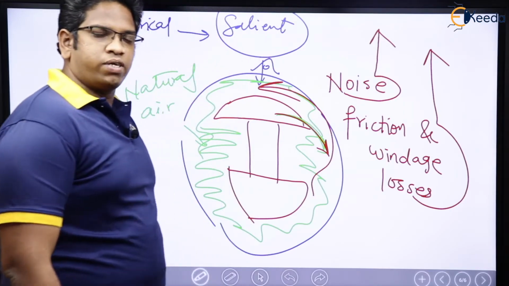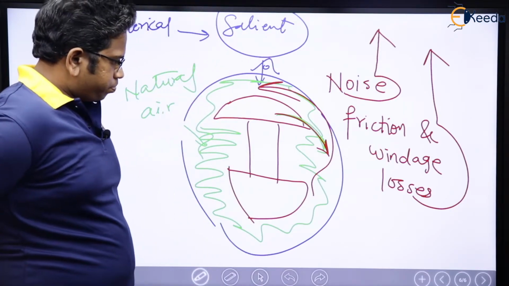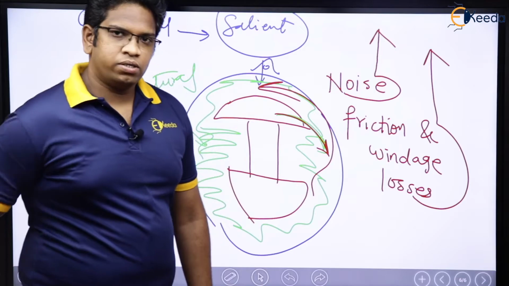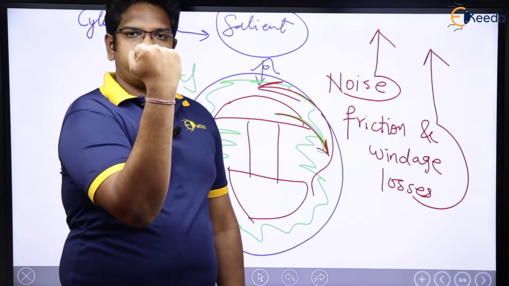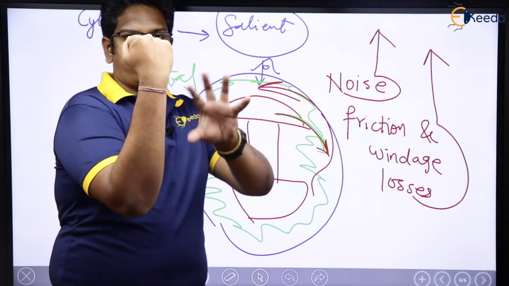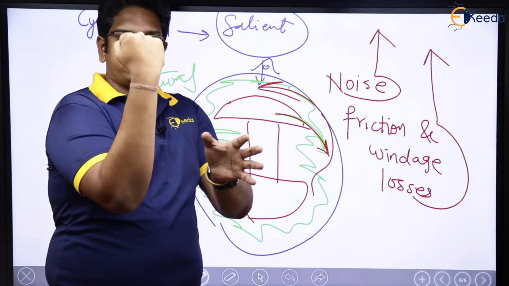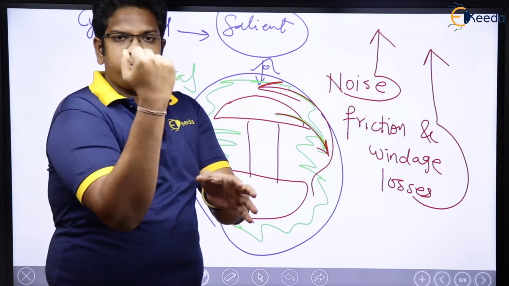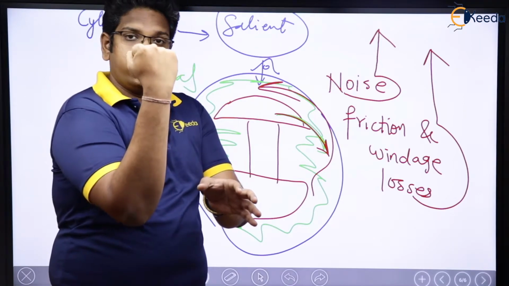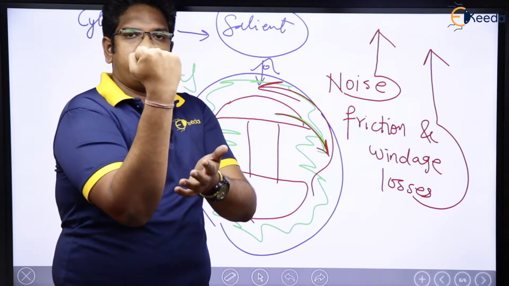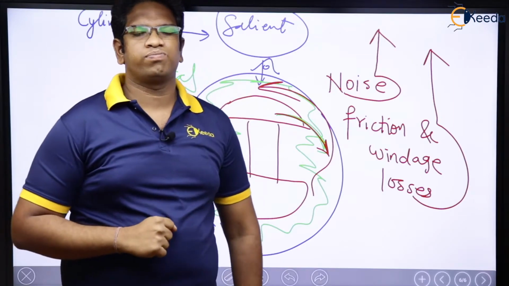How? See again. You have this salient pole, and now you have air here, right? So what is going to happen? Some energy of my salient rotor will be absorbed by this air as well, no?